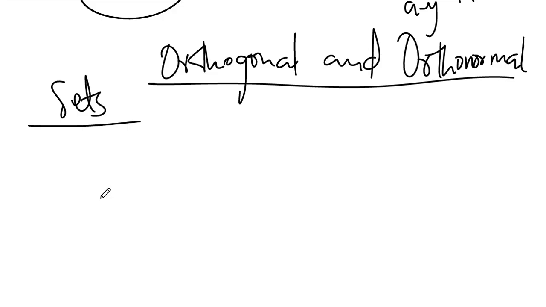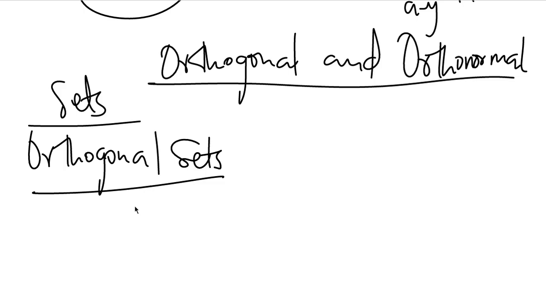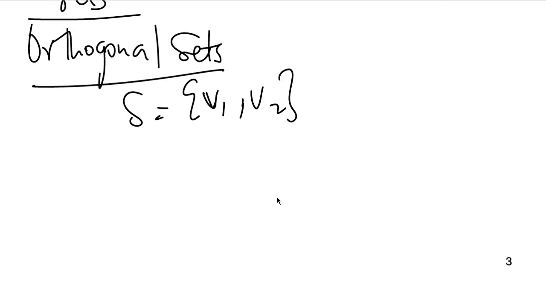So first of all, starting with the orthogonal, it's important to know that when we're talking about orthogonal sets, let's consider a set S equal to, that has two members v1 and v2. So this set that contains two members v1 and v2 is said to be orthogonal if v1 dot v2, which represents the dot product of v1 and v2, is equal to 0, right?